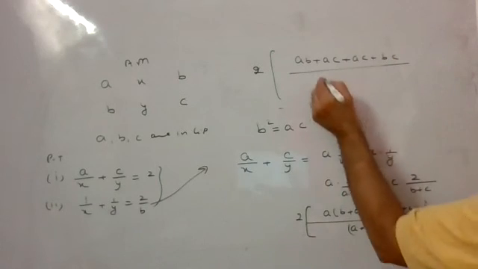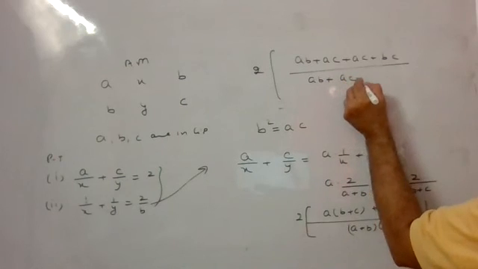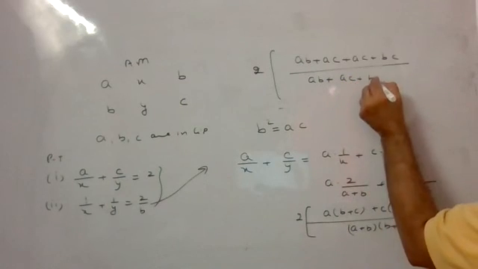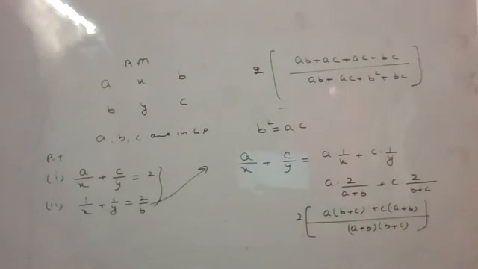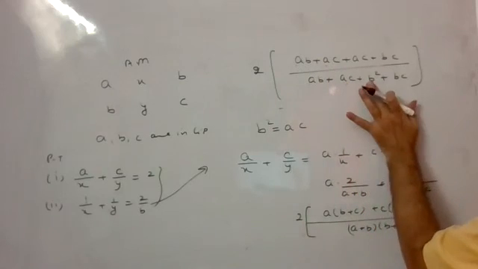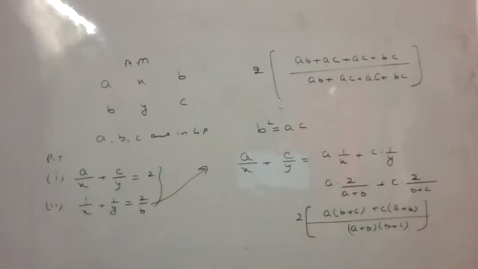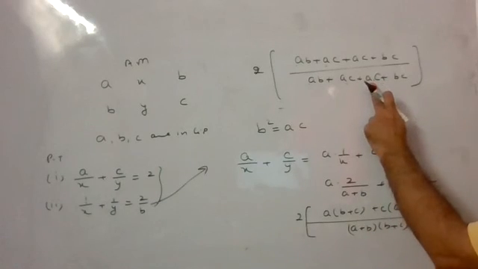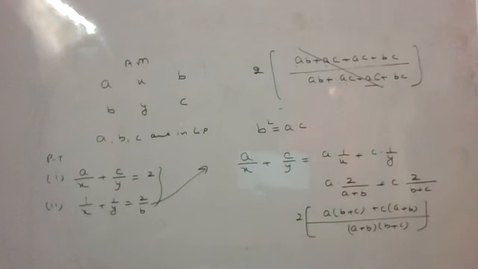And here it will come out to be AB plus AC plus B square plus BC. Look, here AB is there, here AC is there, and you can write B square as AC, can't you? So this becomes AC. Now all these four terms matched. So your result is simply coming as 2.